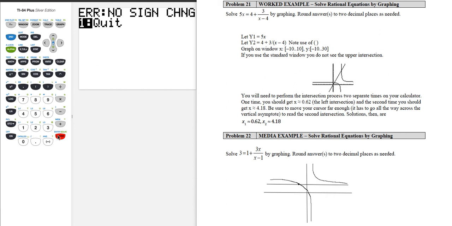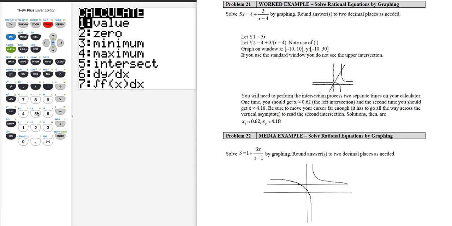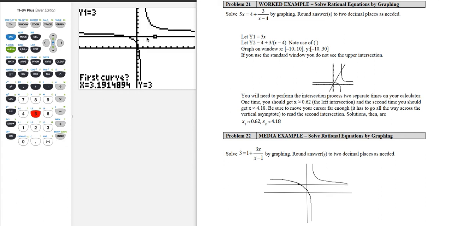So I'm going to press enter because that's the same thing as quit. And then I'm going to go back to my second calc process, number 5, and I'm going to move that cursor across that vertical asymptote. I have to get closer to my intersection on the correct side of the vertical asymptote.